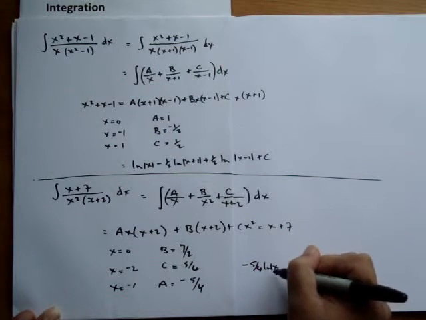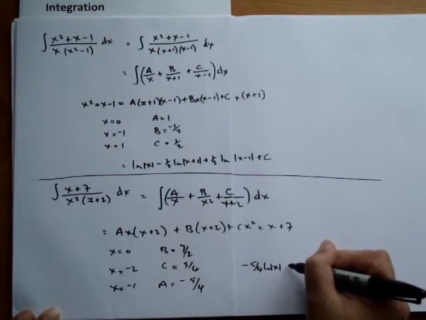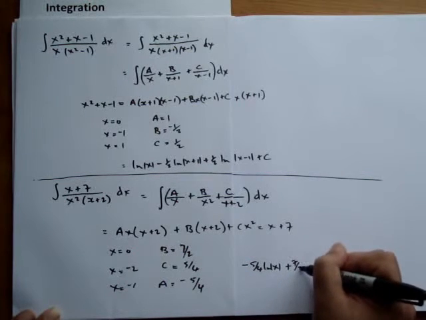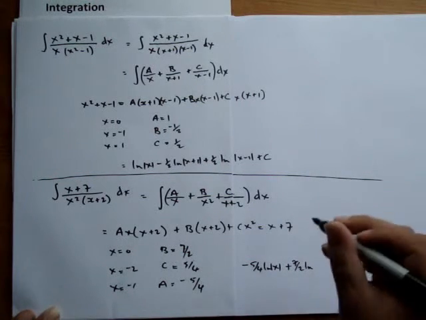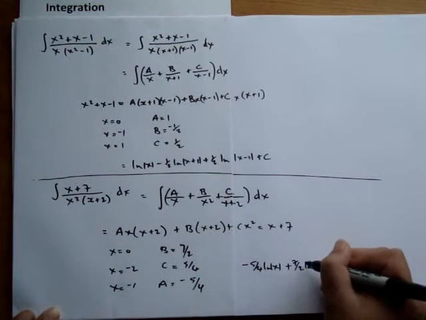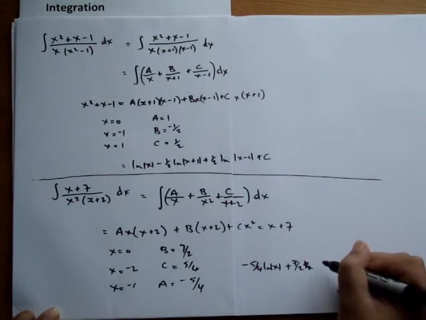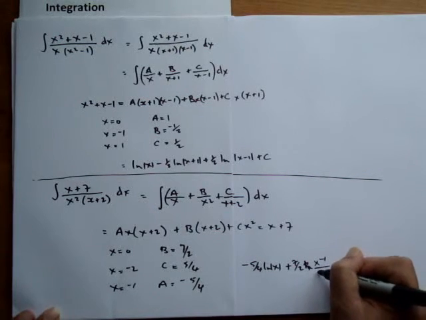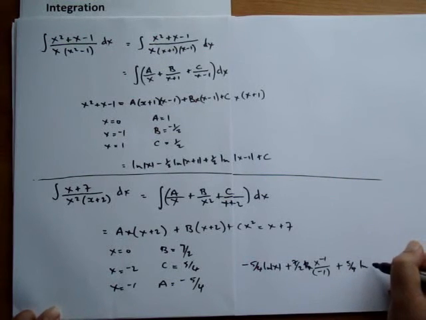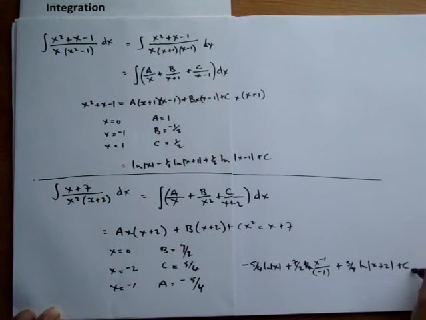When we put these back into our equation with our factors, we get minus 5 over 4 natural log of x, which would be the a over the x, plus b, which would be 7 over 2 times... no, this is not a natural log, sorry, because it's x squared, so it'd be x to the minus 1 over minus 1, plus 5 over 4 natural log of x plus 2, plus c.